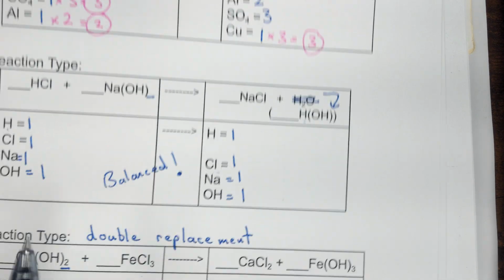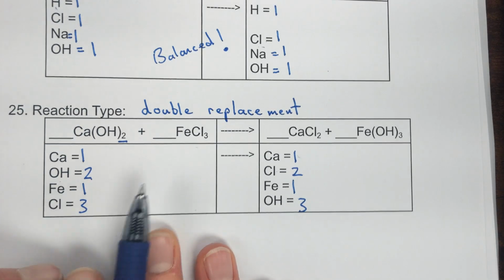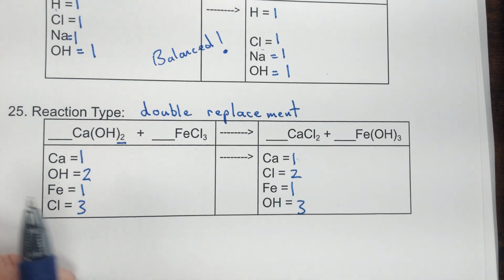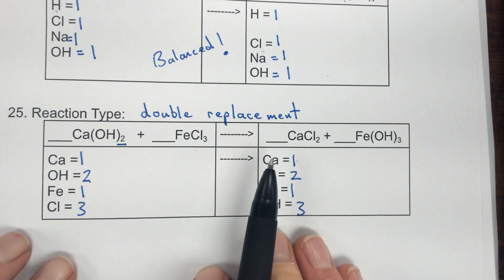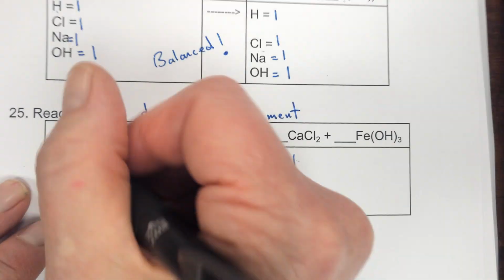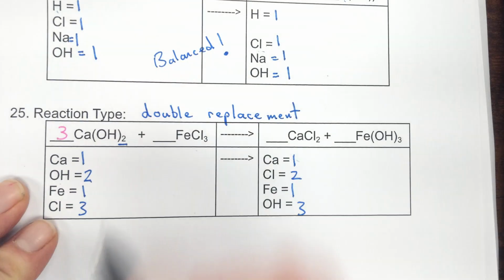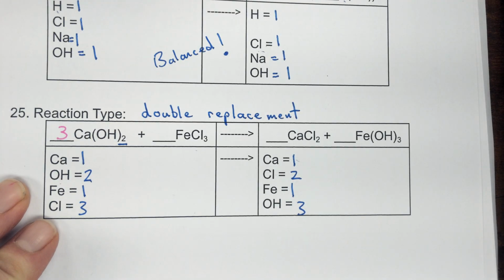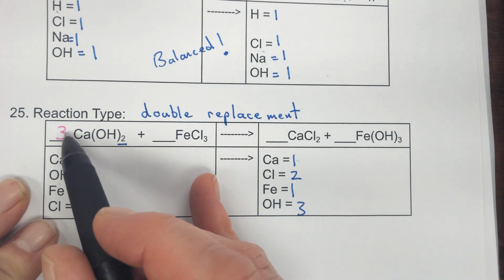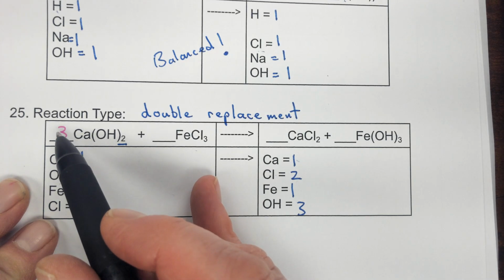I start out on the reactant side, and I'm going to multiply OH by 3. But a way I multiply is I always put the coefficient in the blank. You don't want to just go and multiply, because then you will forget to put the coefficient into the equation.